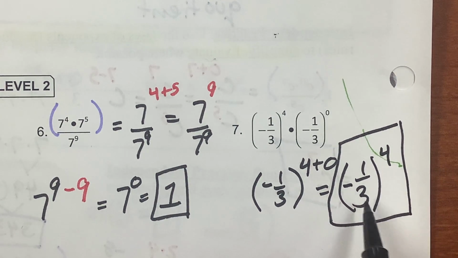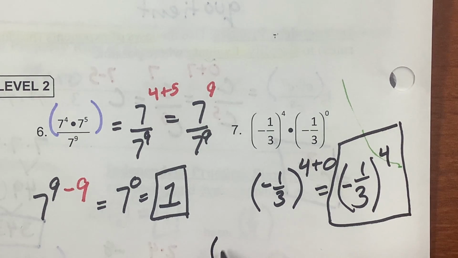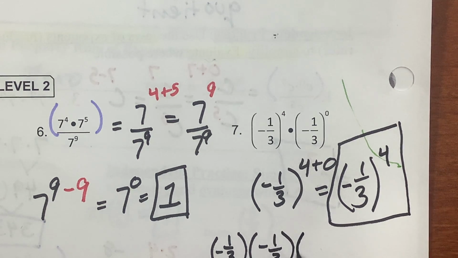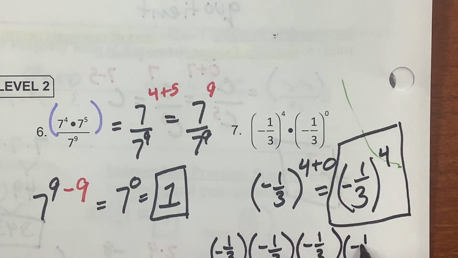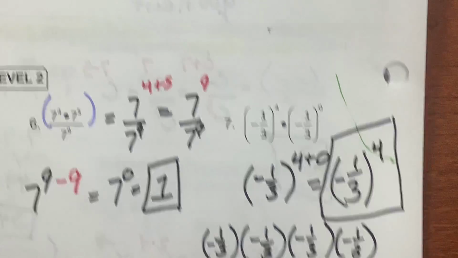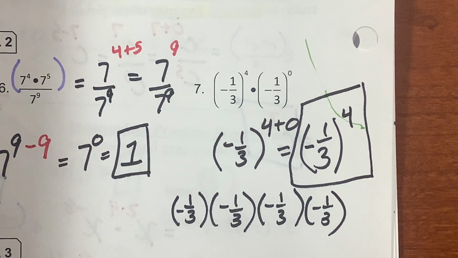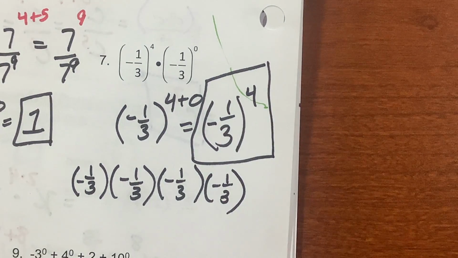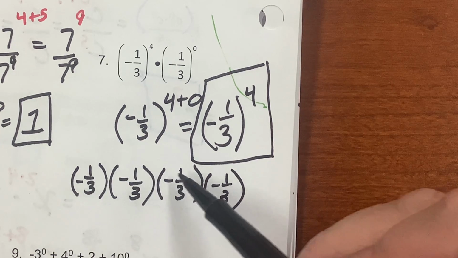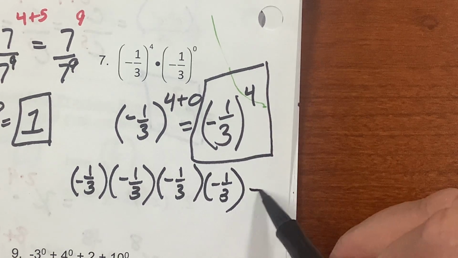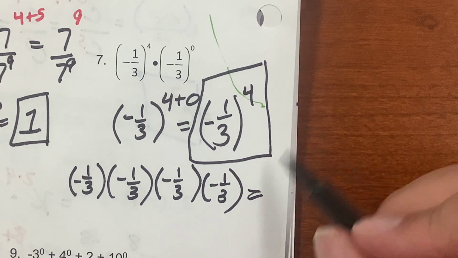So this, negative 1/3 to the 4th power. Negative 1/3 times negative 1/3 times negative 1/3 times negative 1/3. And when you're doing fractions, you go straight across the top and straight across the bottom. 1 times 1 times 1 times 1 is 1.